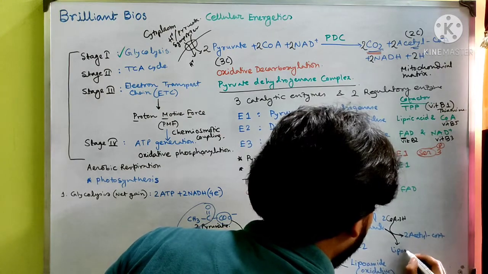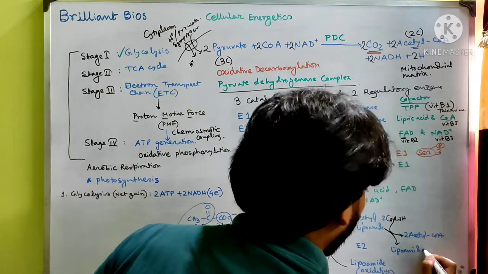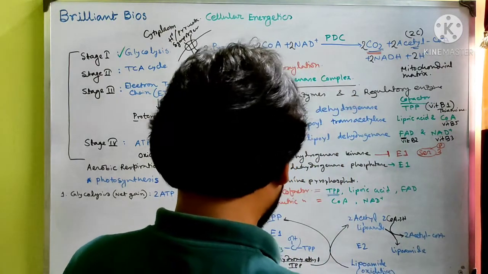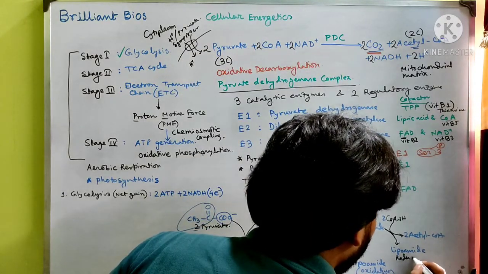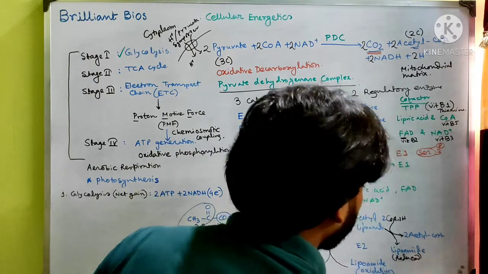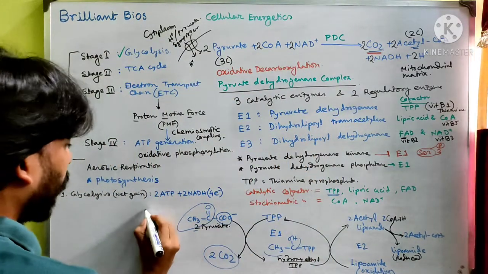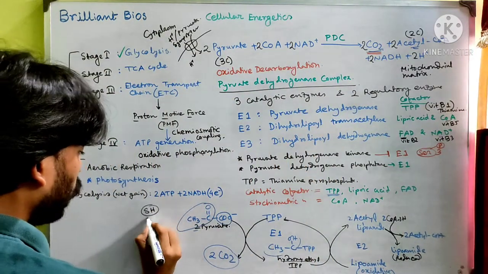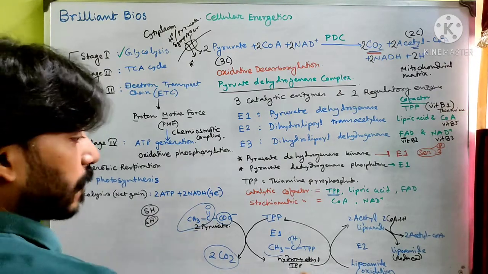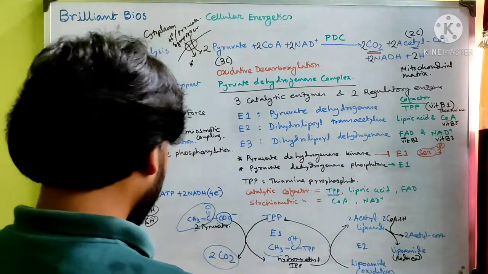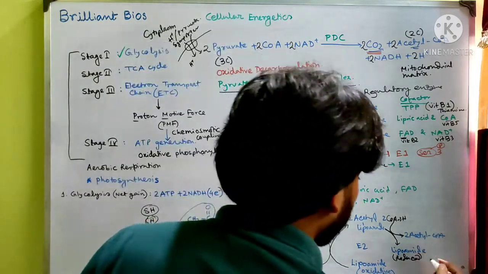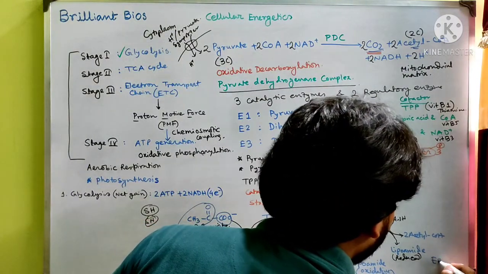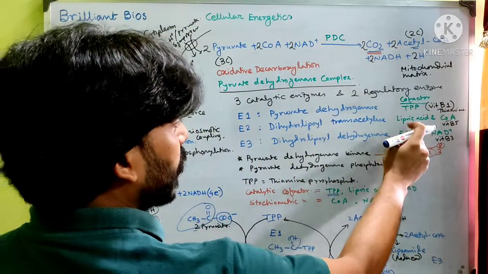But this lipoamide is in reduced condition. Why is it reduced? Because lipoamide has thiol groups, 2 SH groups, and it remains in reduced condition. Now another enzyme complex comes into play. This is called the E3 complex. In the E3 there is a FAD.